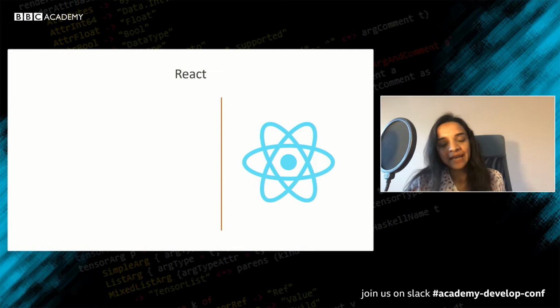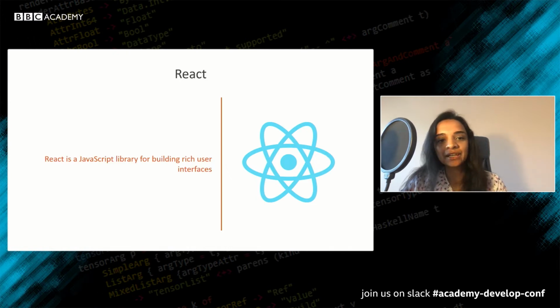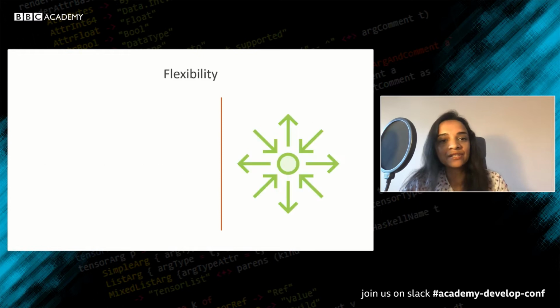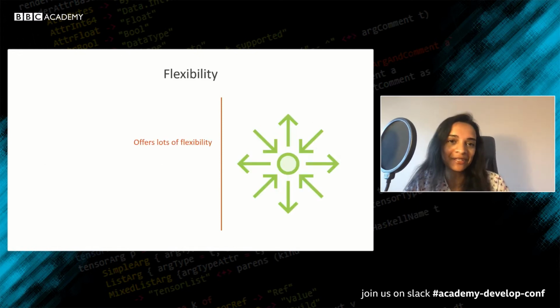With React, what is very cool is it is a JavaScript library, and we typically use that to build rich user interfaces. You could build web applications, mobile applications using React Native, and so on. What is very, very interesting is that React is flexible, and this flexibility comes with a lot of cost as well.